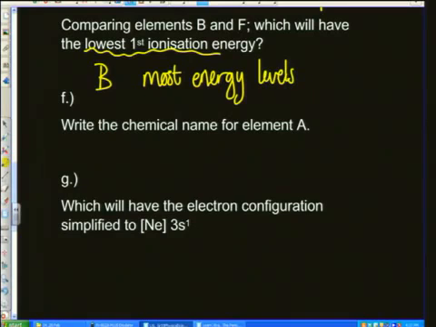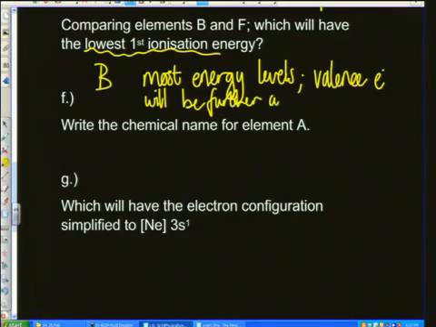And so your focus here is that the valence electron will be further away from the nucleus, which means that less energy is required to take away that one valence electron.